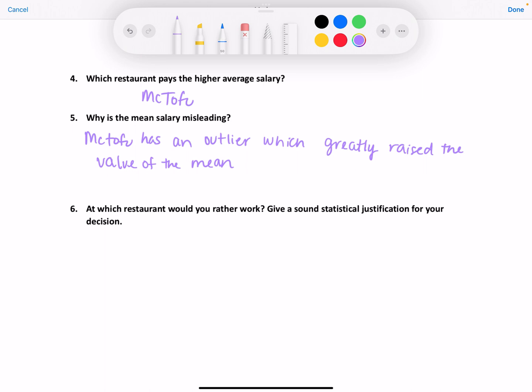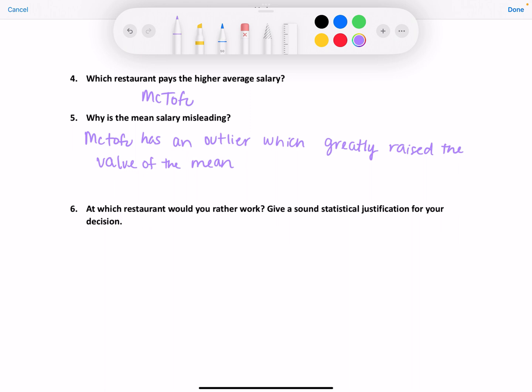Okay, why? I think what Peyton pointed out was really good, that there seems to be room for growth in the company. Okay. Or it could just be a manager. So as long as you explain why, either thing that you put would be fine. In my personal opinion, I would say Moose Burger because it has a higher starting salary, and aside from the outlier, it has a higher max salary.